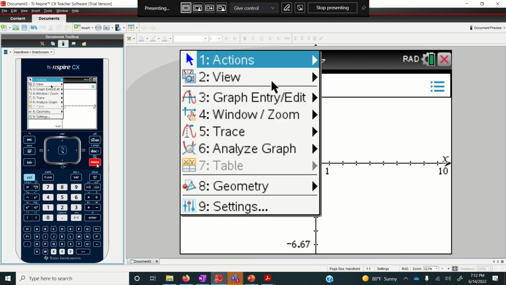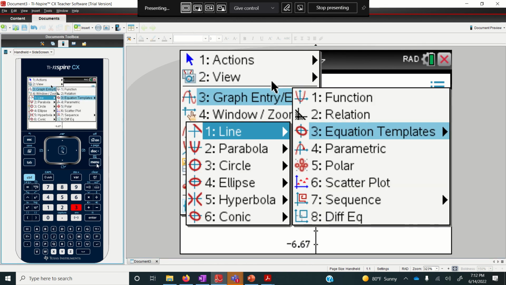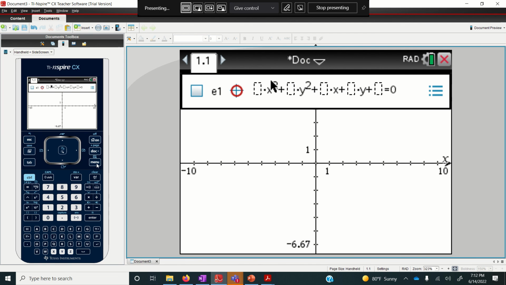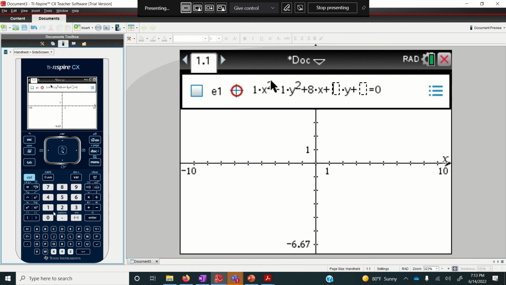So menu, 3, 3, 3, standard form. Okay, so 1, we had 8, negative 12, and then we had 144.